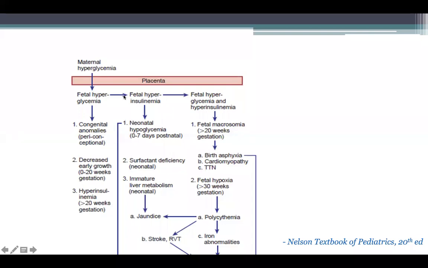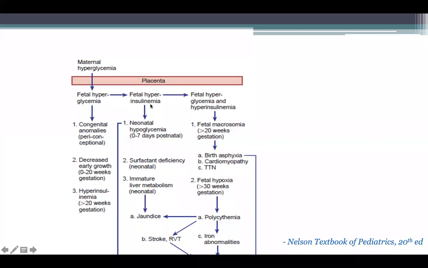Fetal hyperinsulinemia will occur only when hyperglycemia is seen beyond 20 weeks. That's why with early hyperglycemia there will be more chances of congenital anomalies. In pre-gestational diabetes, an already diabetic woman conceives, there is a high chance of congenital anomaly and a high chance of IUGR. If she already has nephropathy, retinopathy and vasculopathy, there will be placental vasculopathy also, so an IUGR baby is born to a pre-gestational diabetic mother.